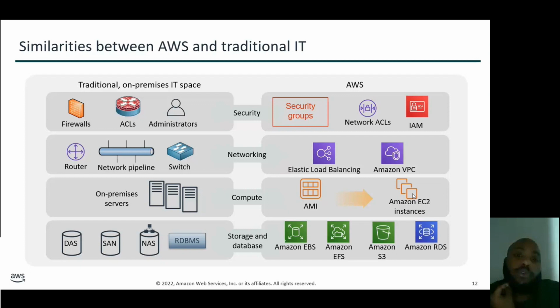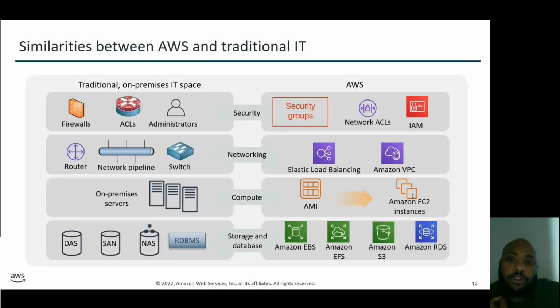These are actually your infrastructure as a service, because instead of having traditional hard disks and hard drives, you will have EBS or EFS or S3. These are your actual storage. You would use them, but your RDS, which is your relational database, that is your software as a service.